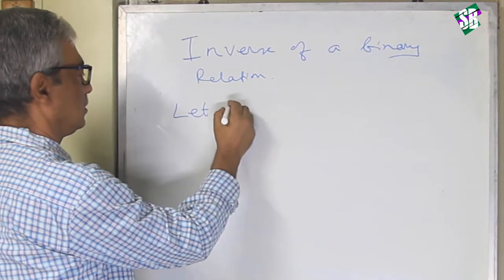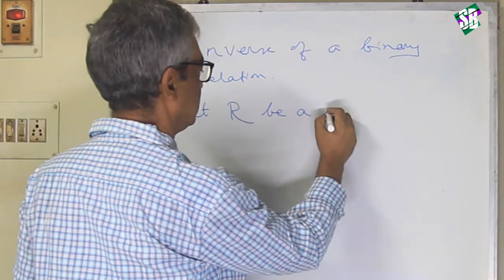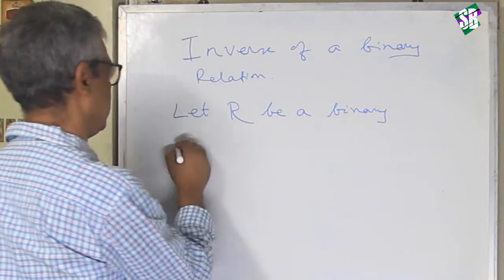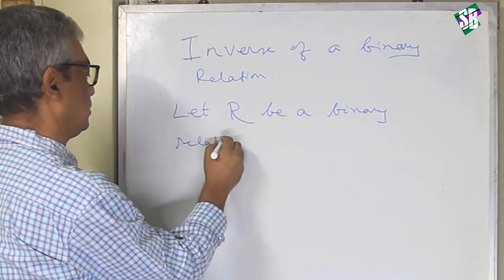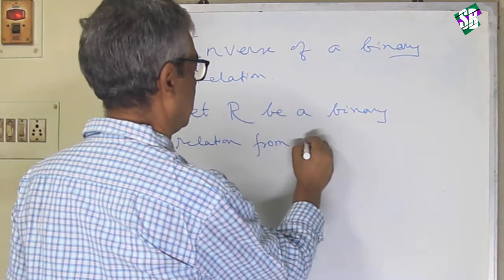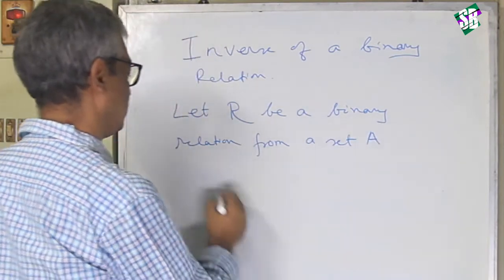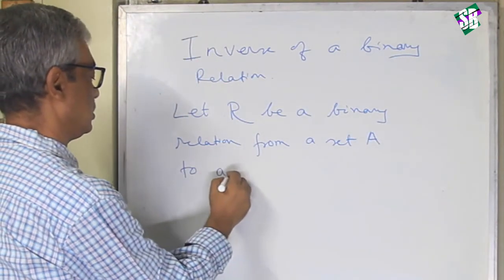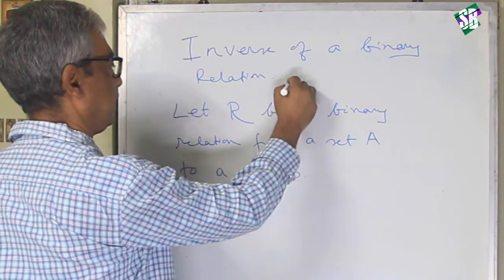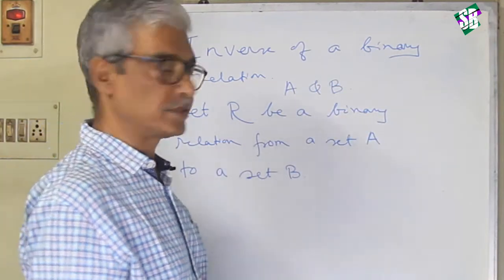Let R be a binary relation from a set A to a set B. So A and B are two sets.